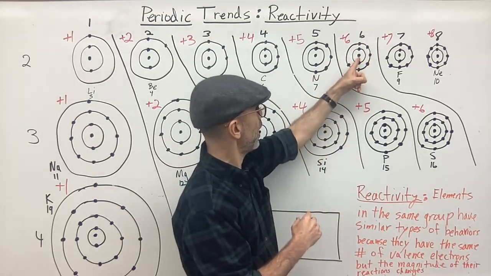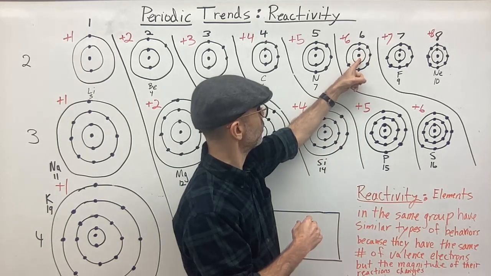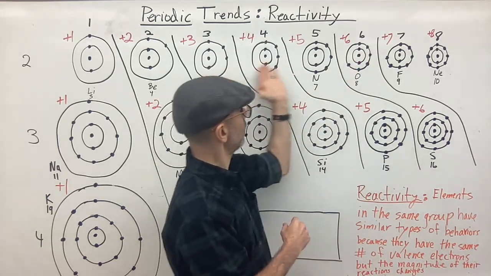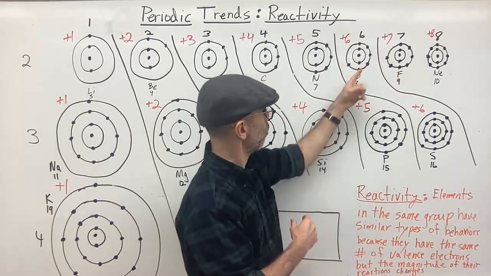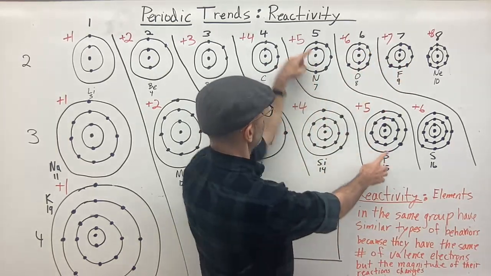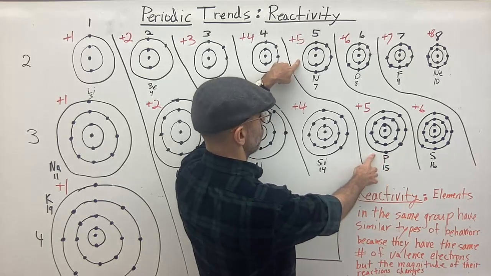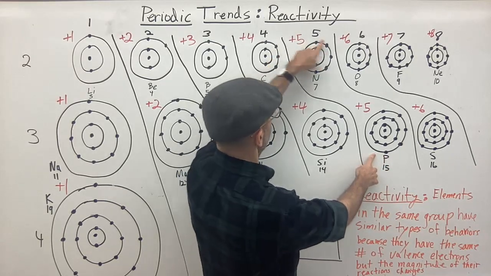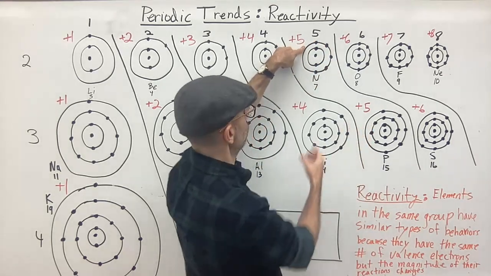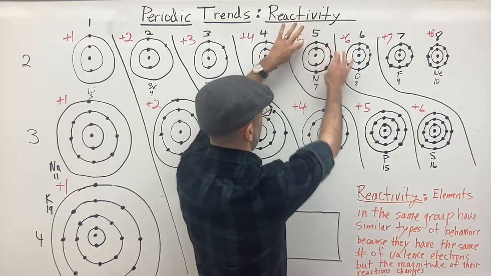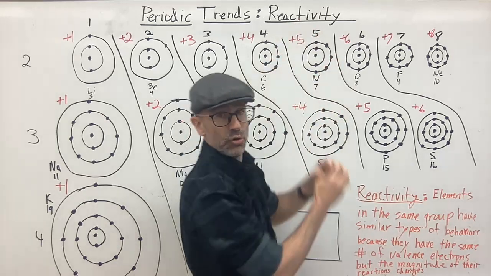And we also have more protons going this way. So if you're going this way here, we're gaining more protons. We're going to have more attractive force. But when we're looking at these two, this one is going to have a more strongly attractive force because the atom is smaller, the electrons are closer.